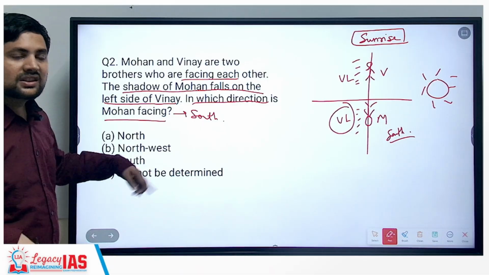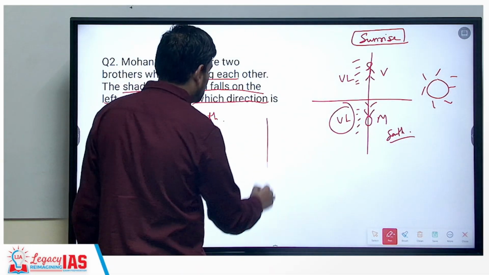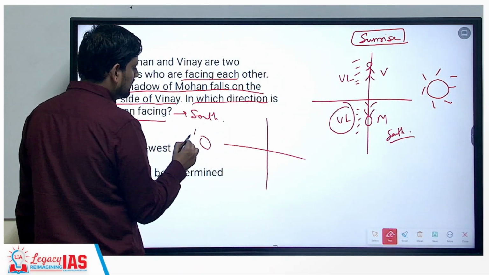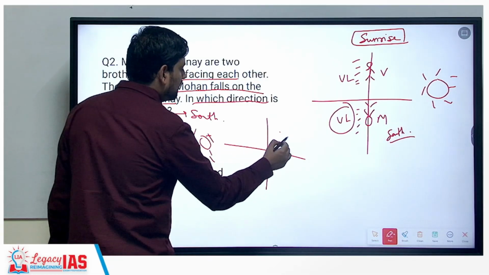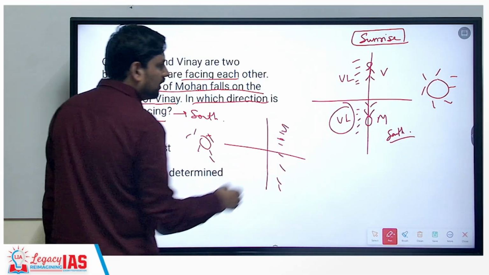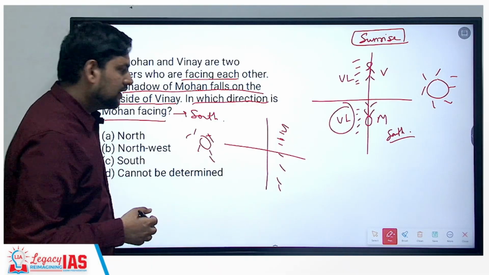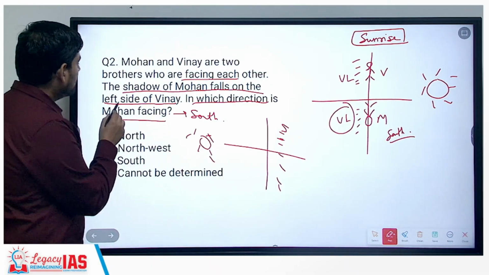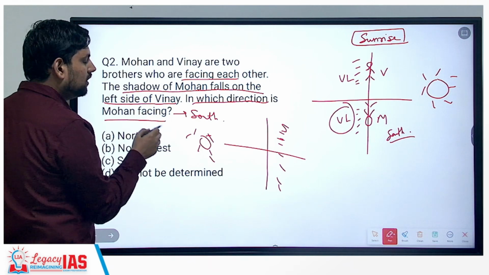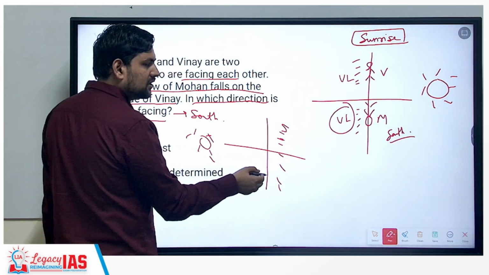But there is still one more diagram possible. Let's say this is sunset time. Now the shadow region will be this. It says the shadow of Mohan falls on the left side of Vinay.